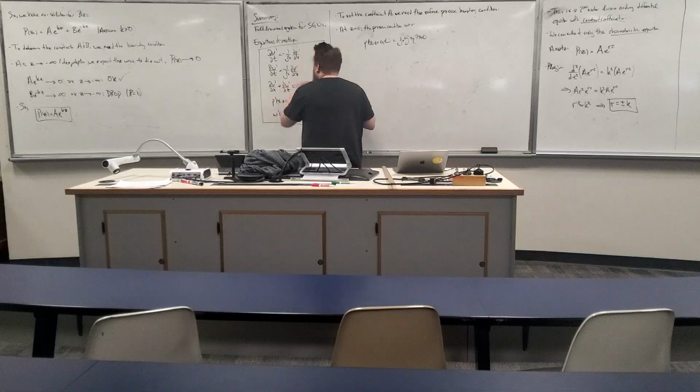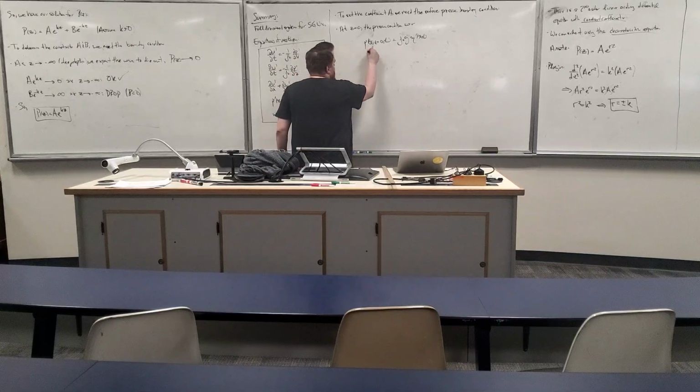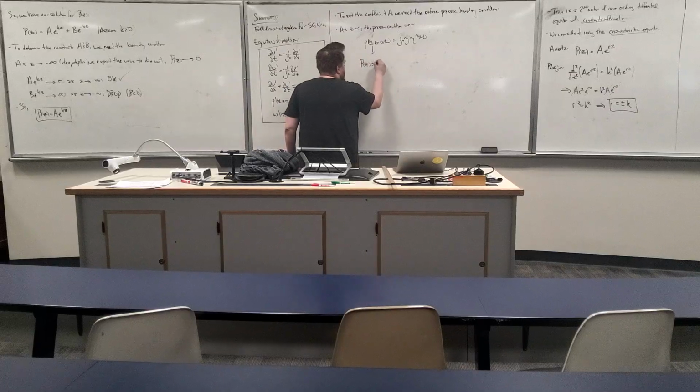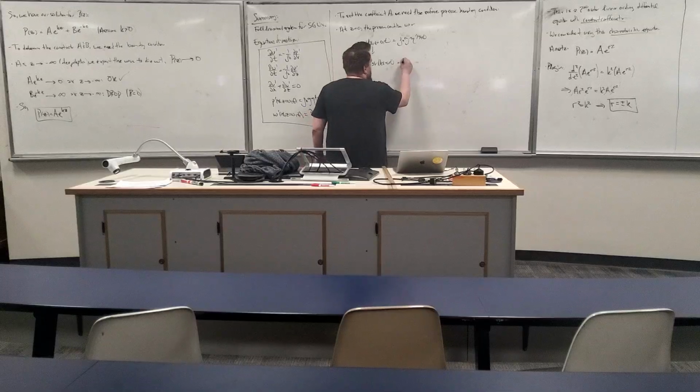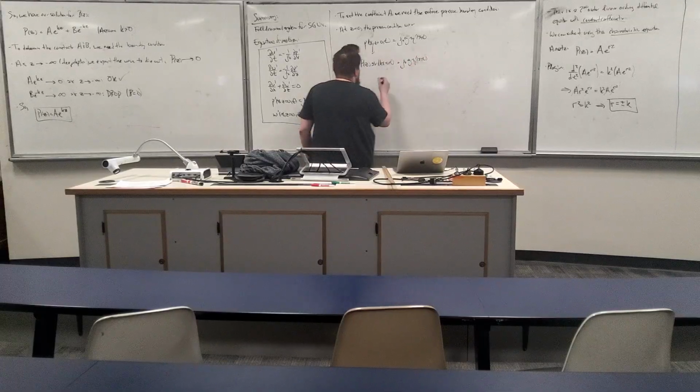Plugging in our solution, we had P of z times sine of kx minus omega t equals rho naught g eta prime of x and t.